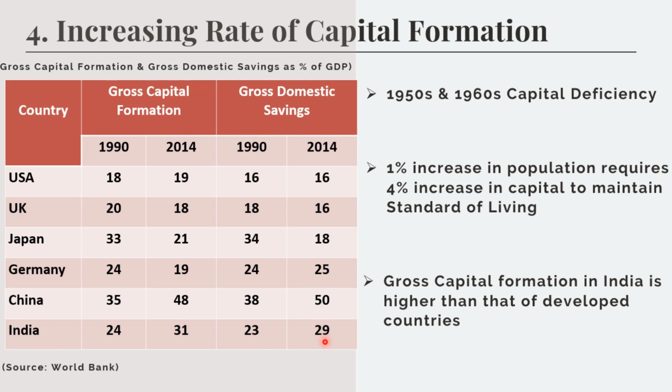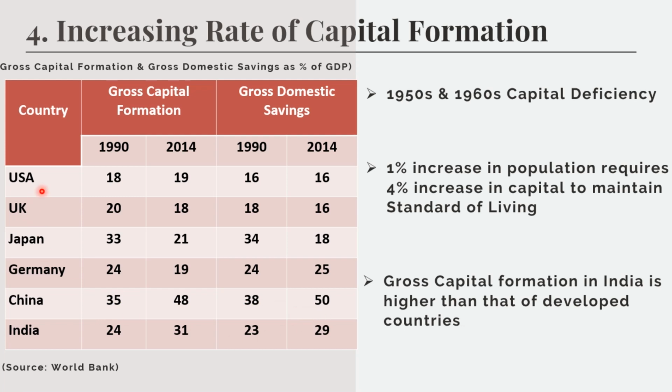Now, India and China are developing nations. If we compare their statistical data with the developed nations, we can definitely see that the capital formation ratio and saving ratio of these two developing economies are higher than those of the developed nations.